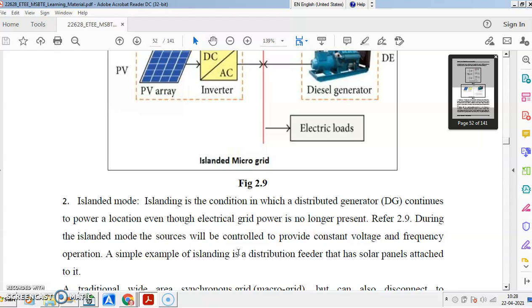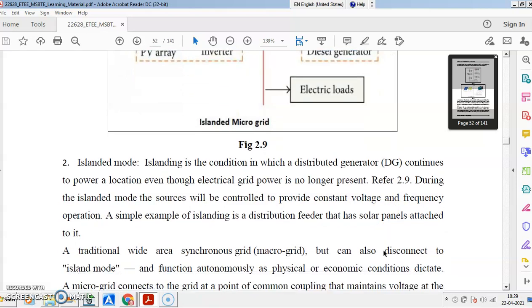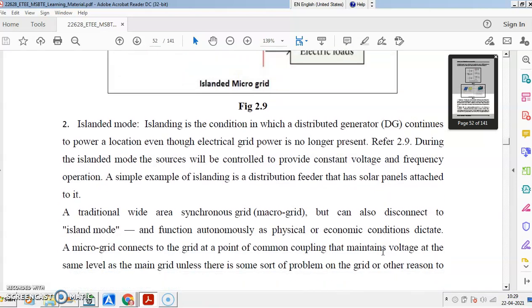A simple example of islanding of a particular microgrid is a distribution feeder that has solar panels attached to it. In a traditional wide area synchronization the microgrid is synchronized, but it can also disconnect the microgrid in island mode.